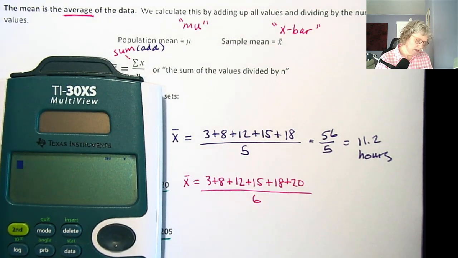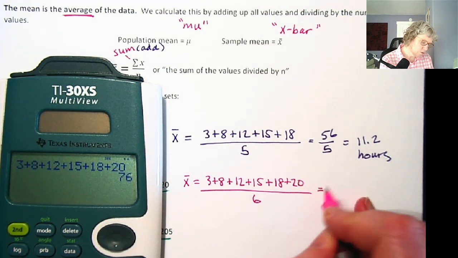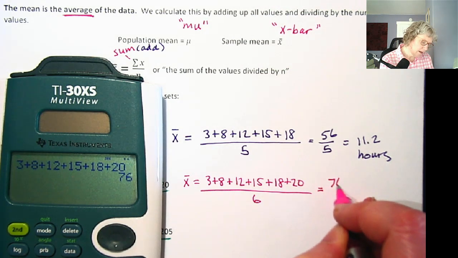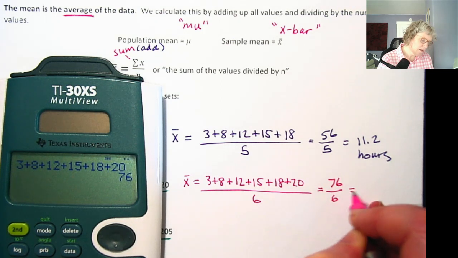I could do a shortcut, 56 plus 20, but I'm just going to do it all. 3 plus 8 plus 12 plus 15 plus 18 plus 20. Okay, 76, that makes sense. It should be just 20 more than we had last time. 76 over 6.